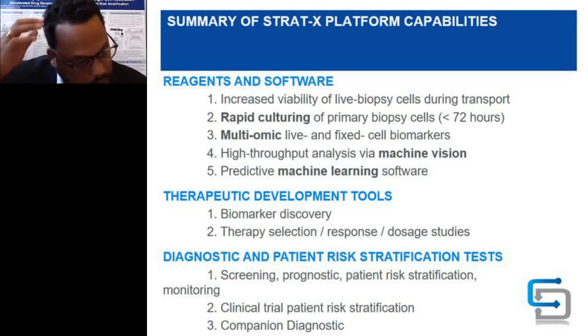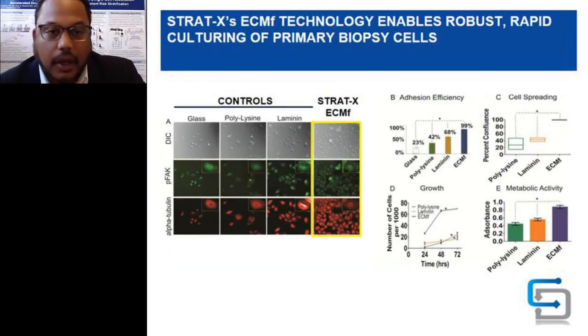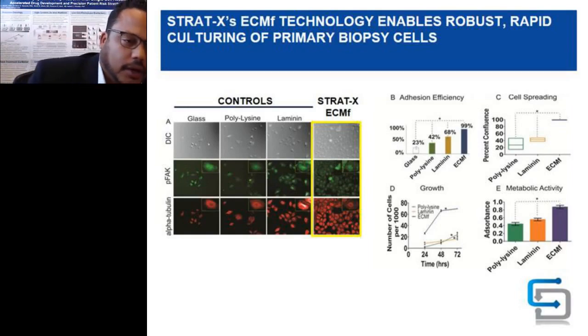So here we are in terms of looking at the first major key capability of this platform. And this platform is hinged upon the ability to keep primary biopsy cells alive. And in the panel on your left, you'll see various groupings of controls: glass, polylysine, and laminin, classic surfaces that people culture cells on.